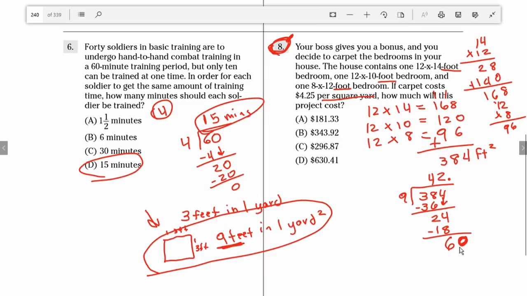9 times 7 is 63, which is too big. 9 times 6 is 54, so we're actually going to make this 0.6. 9 times 6 is 54. Subtract. 60 minus 54 is 6. So we can see here that we're kind of stuck with this remainder of 6 repeating over and over again.